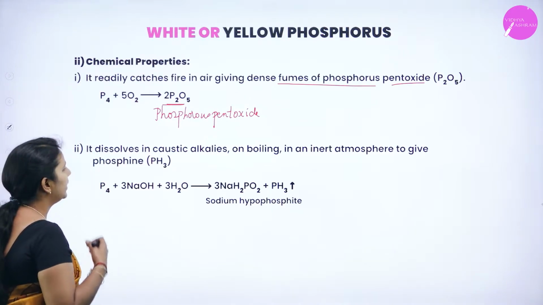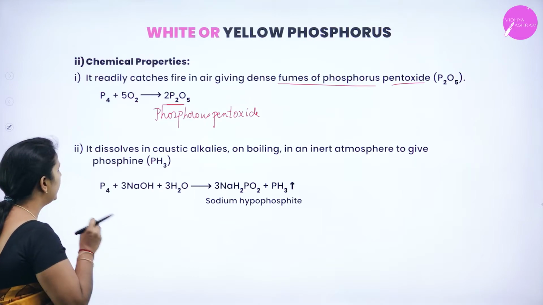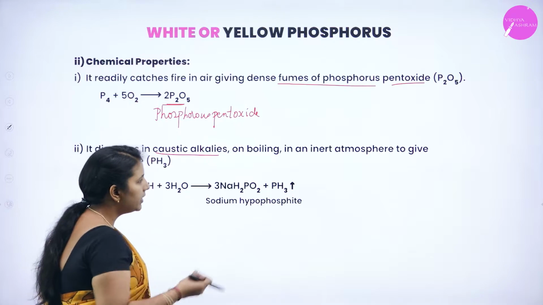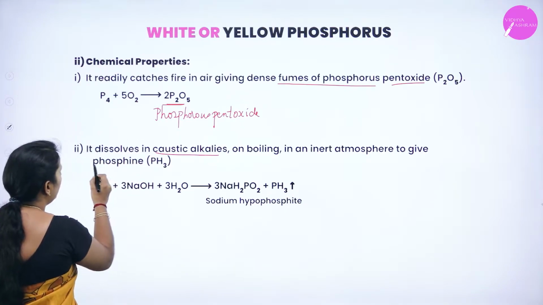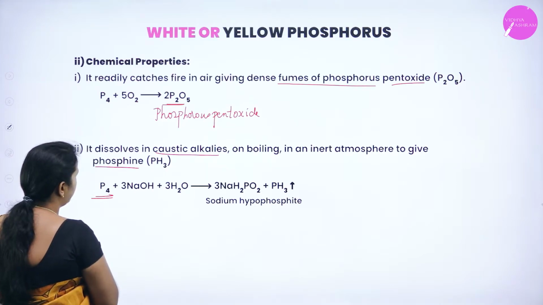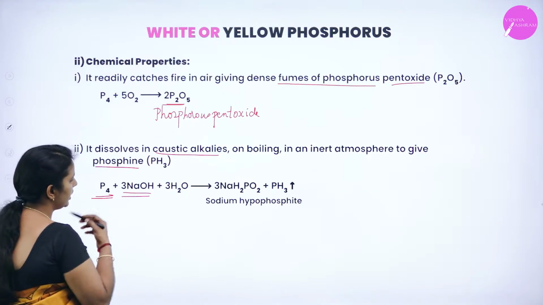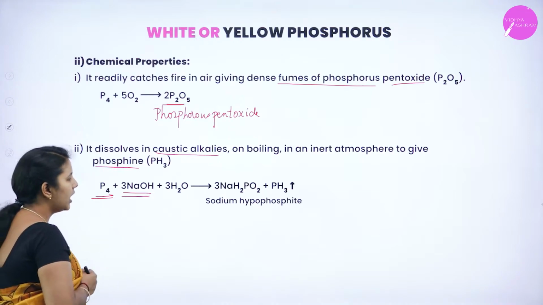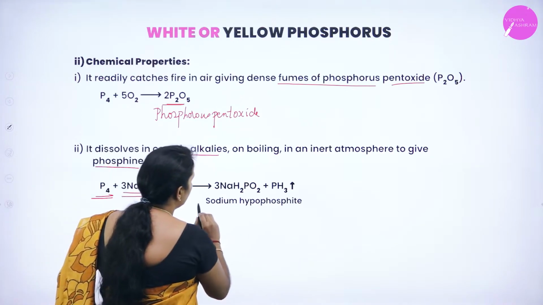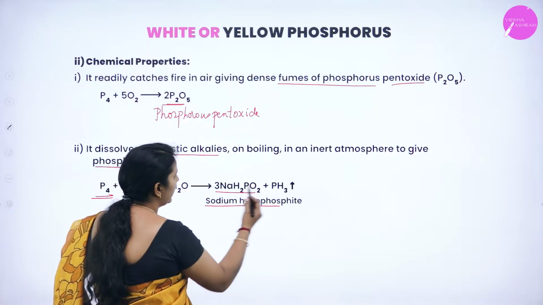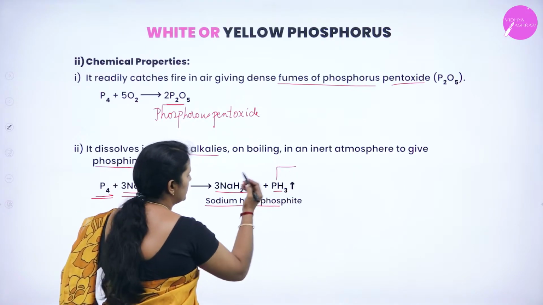And coming to the next chemical property, it dissolves in caustic alkalis on boiling in an inert atmosphere. It gives rise to phosphine. Here you can see that this is our yellow or white phosphorus reacting with a strong alkali, that is NaOH, in the presence of water. If you heat it in an inert gas atmosphere, it gives rise to sodium hypophosphite, along with the formation of phosphine.